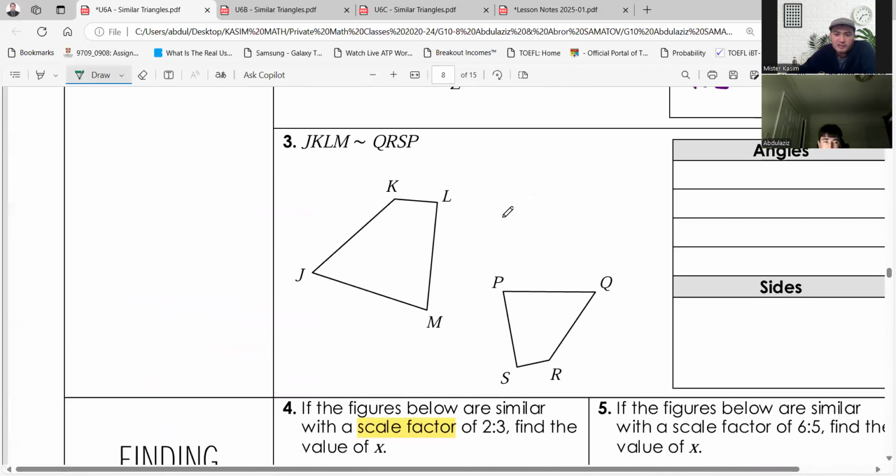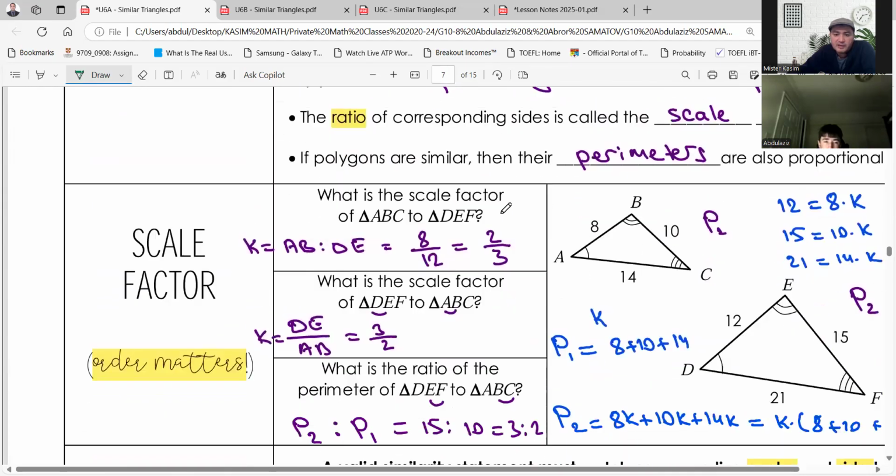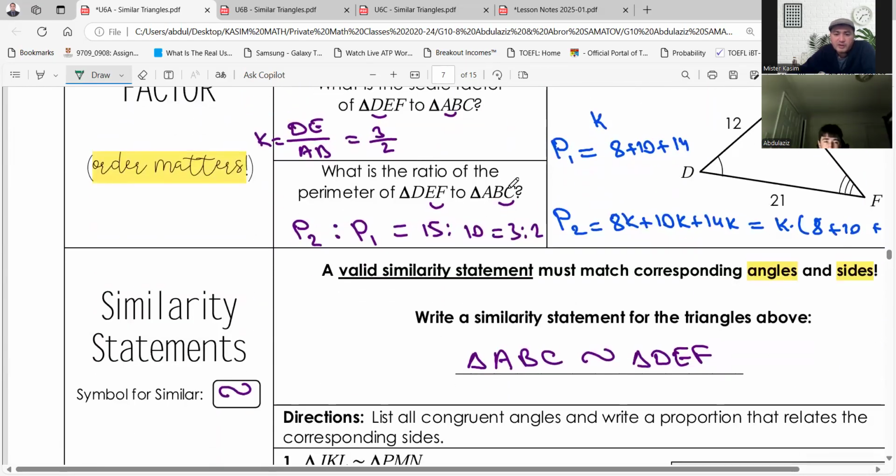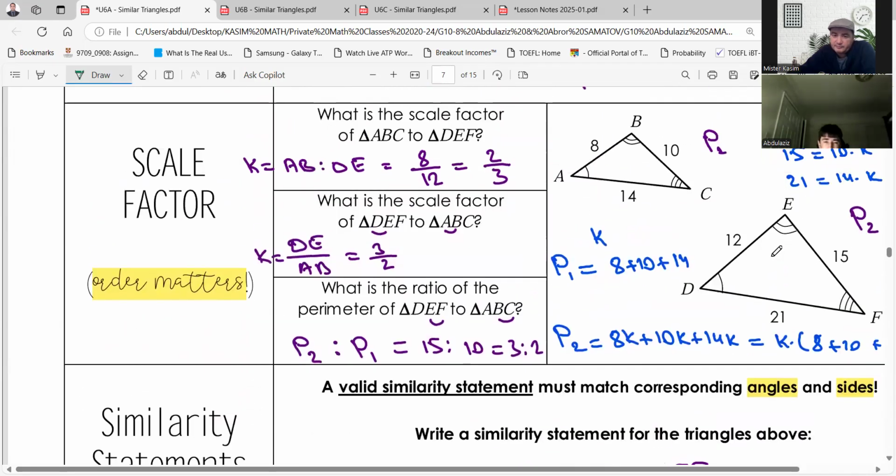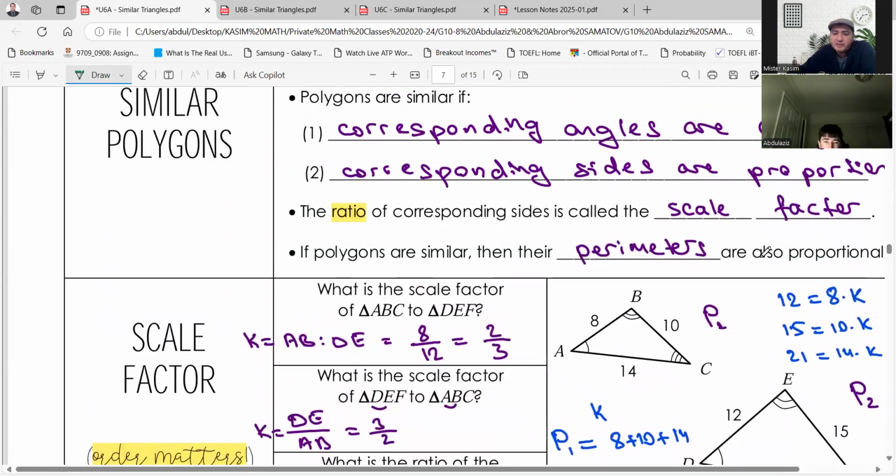Well, what did we say here? What is the ratio of the perimeter of triangle DEF to ABC? Also, they are proportional, right? Yeah, because if polygons are similar, then their perimeters are also proportional.